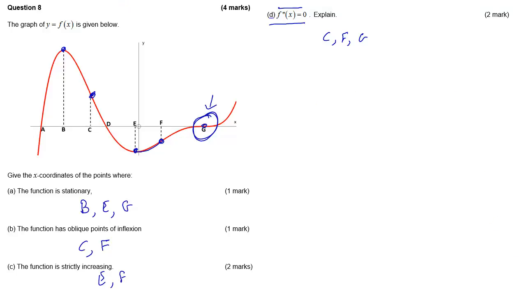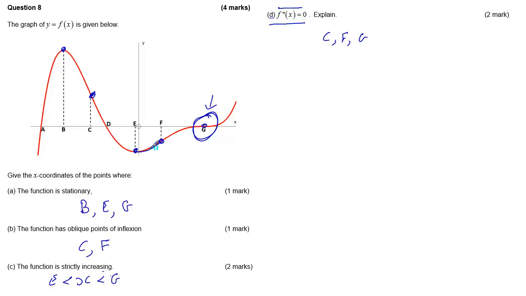Now, just thinking about this, I'm just going to change something slightly here. It's no good me just saying E and F, that's actually just 2 points. So I should say that x is more than E and less than or equal to F. In actual fact, rather than F, I could say less than G, as long as we're not less than or equal to G, obviously, because G is where it goes 0 again.